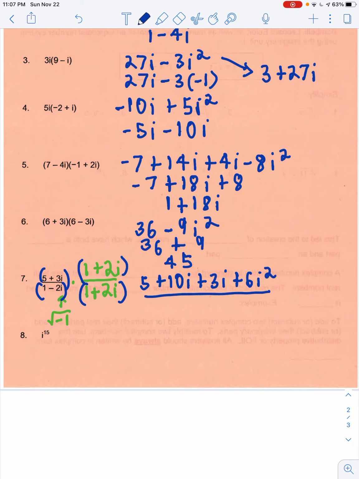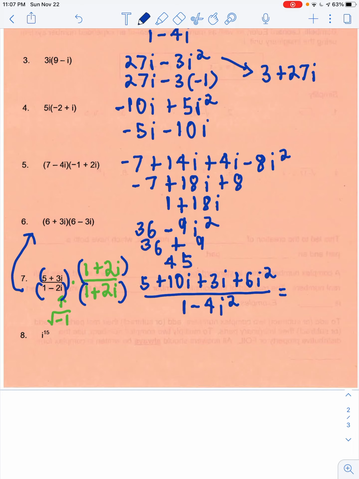That's all over, in the denominator, this really reflects what we saw in number 6. We are taking the product of a sum and difference pattern, which means the outside and inside products will cancel. I can write them if I want, but I'm not, because I know that's what's going to happen. That's why I'm using the conjugate. So the first product's the 1, and the last product is minus 4i squared.